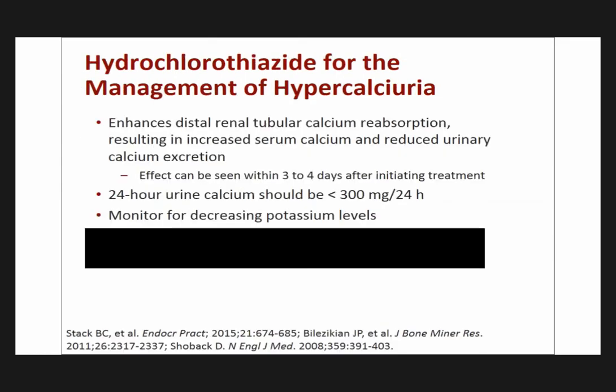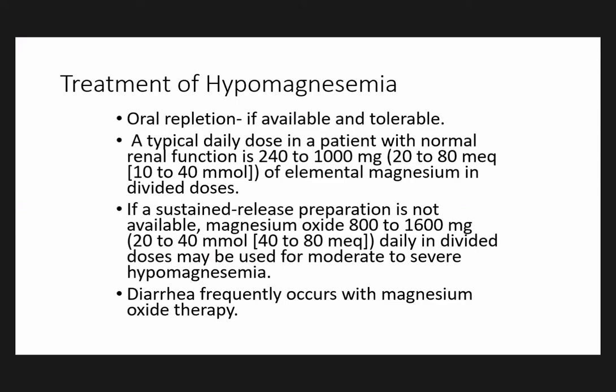Don't forget that we also need to control the magnesium level. In treatment of hypoparathyroidism, it is important also to treat hypomagnesemia. The typical dose for the patient, you see also on the screen, is 240 to 1000 mg, and of course you need to control magnesium in the blood.